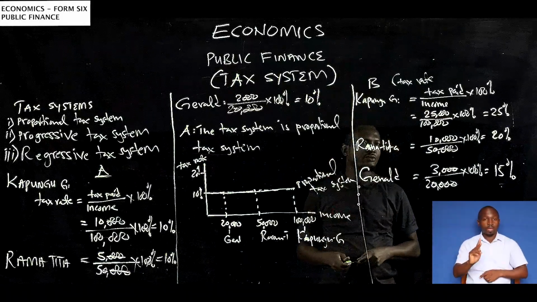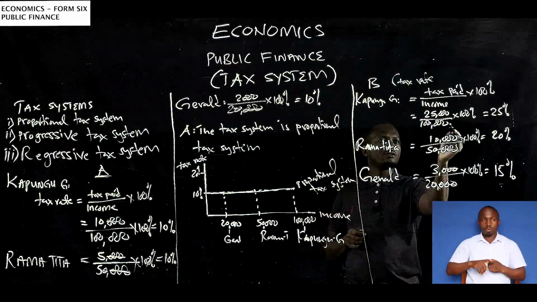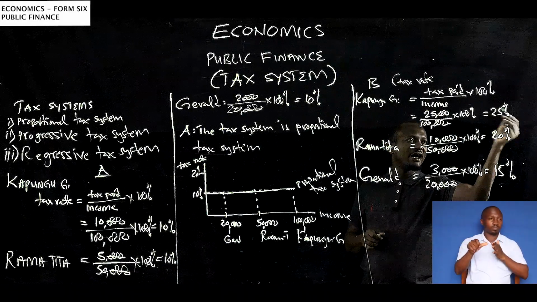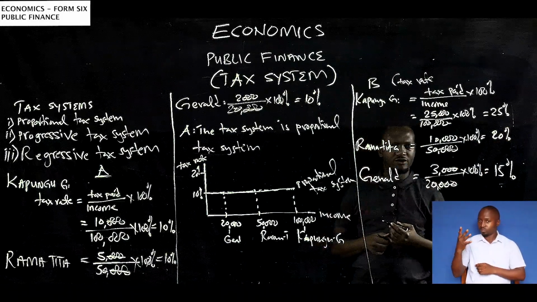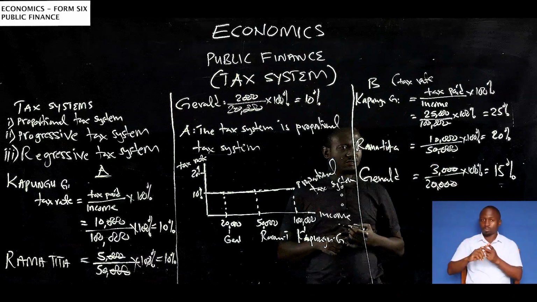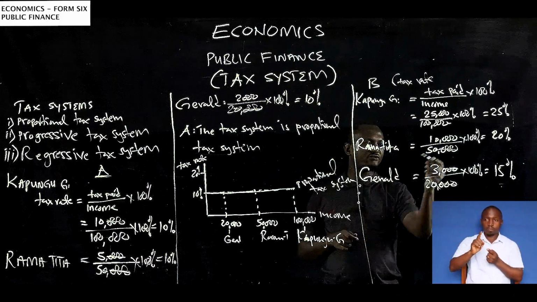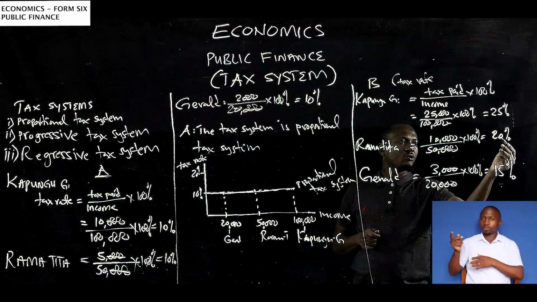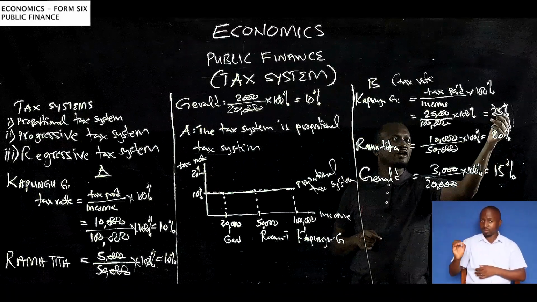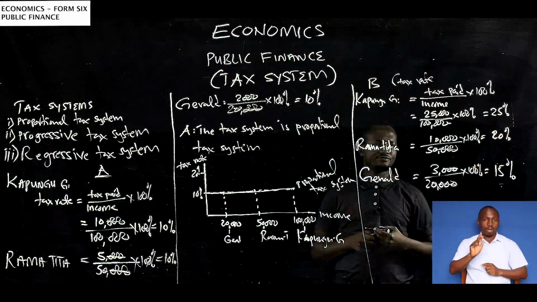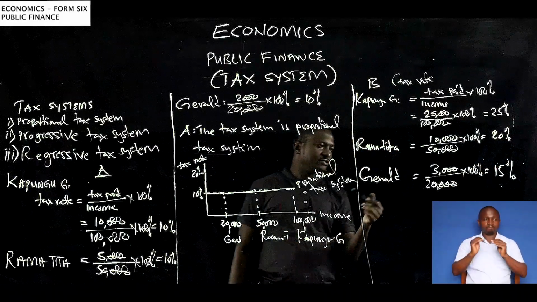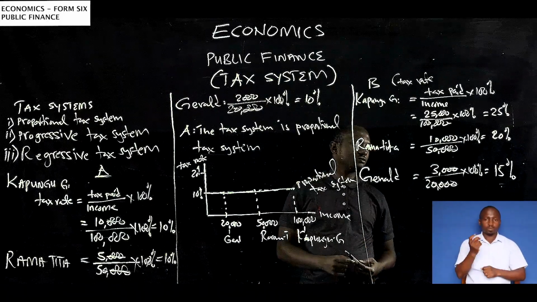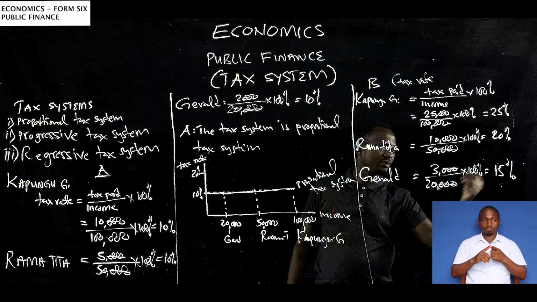Kapungu with high income, 100,000, is charged the higher rate, 25. When the income is decreasing, let's see Ramatita, 50,000, is charged a lower tax rate compared to Kapungu, 20. And Gerard, with his income of 20,000, is charged 15%.